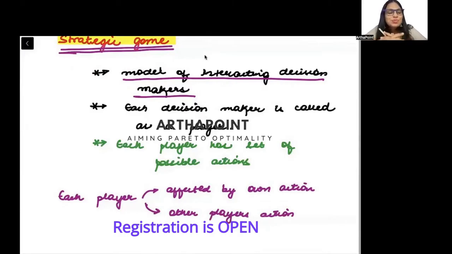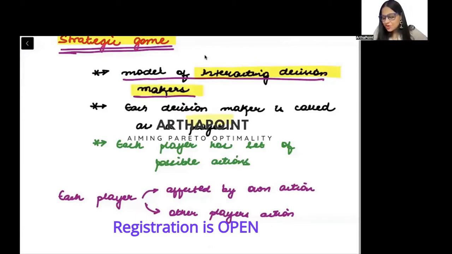I just saw this very funny video today, which said that parents allowed me to go on a trip, but only if I take my younger sibling with me. अगर मैं अपने छोटे भाई बहन को साथ लेकर जाऊं, सिर्फ तब मेरे parents ने मेरे को trip के लिए allow किया है. So the parents are decision makers. What they decide is their action. From their actions, you will get payoff. ठीक है?